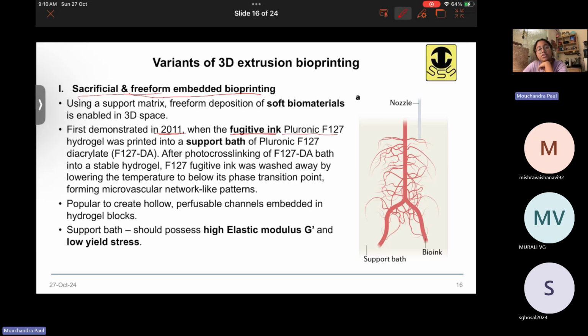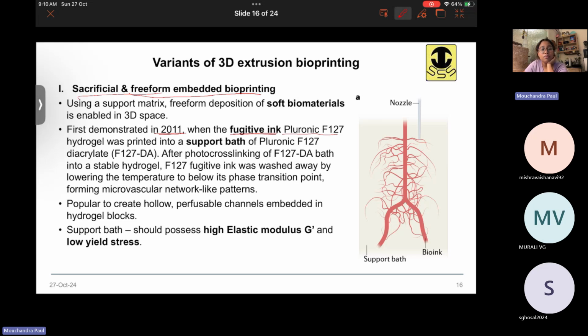All right, it will be in gel state. But if you keep the same solution in the fridge, let's say at 4 degrees Celsius, then what will happen? It will form a solution. So at low temperature, it is a solution, but at high temperature, it is a gel. So it's a very beautiful material.